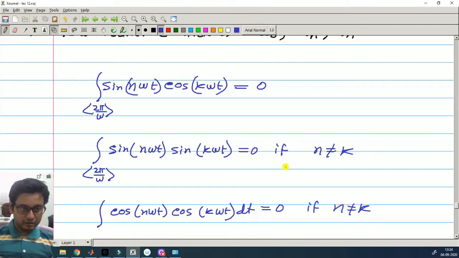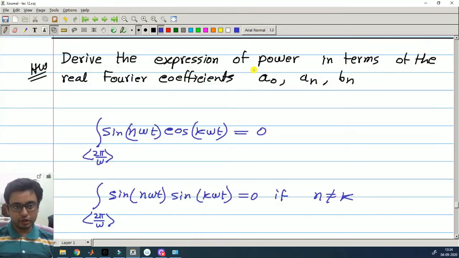So this will be useful in deriving the expression of power in terms of A0, An and Bn.